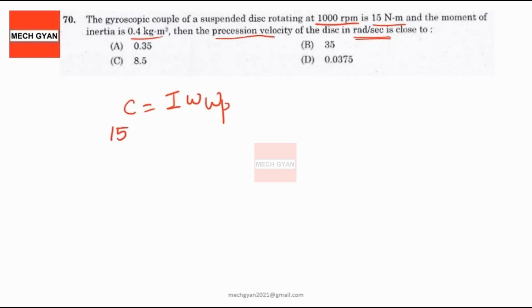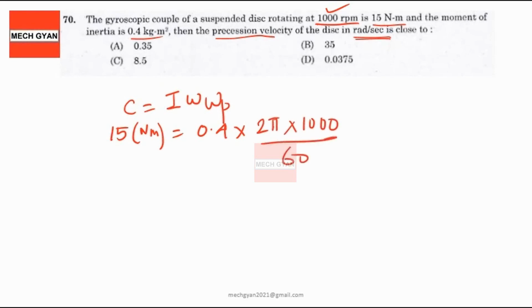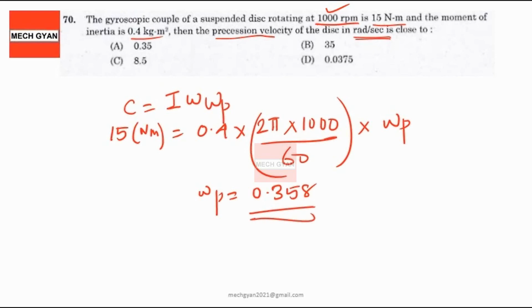So 15 Newton meter is equal to I, moment of inertia, 0.4, and omega, which is given in terms of RPM, so we have to convert it into radians, 2 pi N by 60, and omega P, which is the precession velocity, they have asked in radians per second. So on solving this, we get omega P is equal to 0.358. So option A is the right answer.